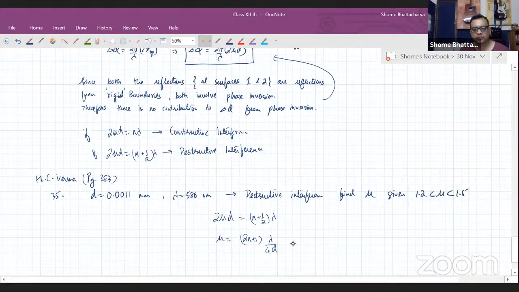So that is some odd multiple of lambda, which is this much, upon this, which is 11 into 10 raised to the power, how much will that come to, 4 minus 4 minus 3, so minus 7. Okay.